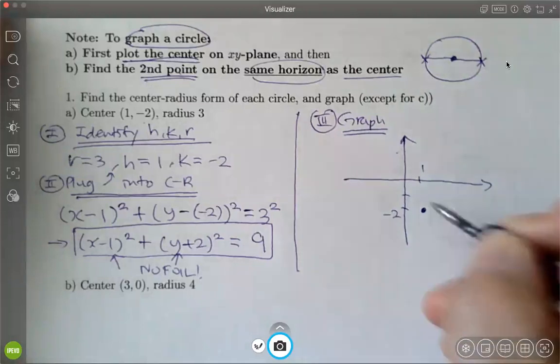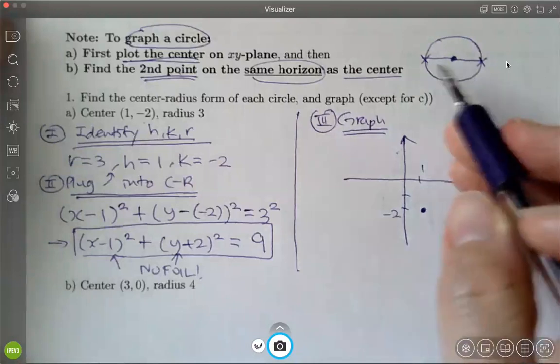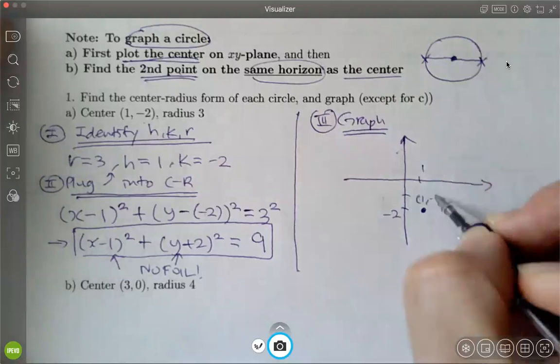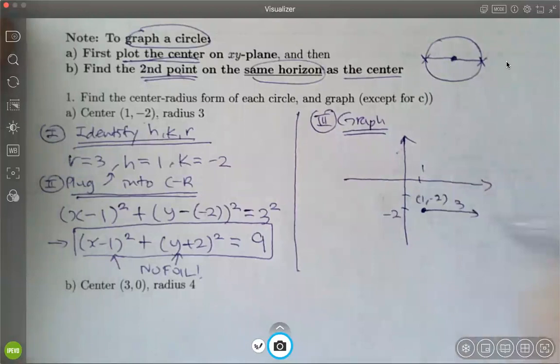So same horizon, remember, means on the diameter. So what do you have to use from the center? Right, so here you have to use one of the two values, 1 or negative 2, and the radius, right? Okay, that's how you get the point which lies on the same horizon.